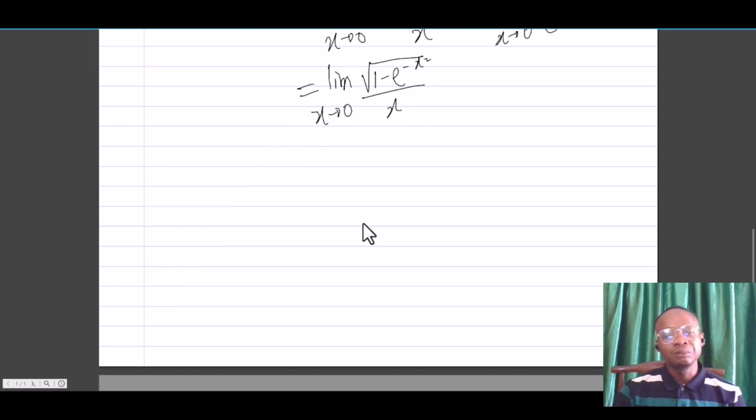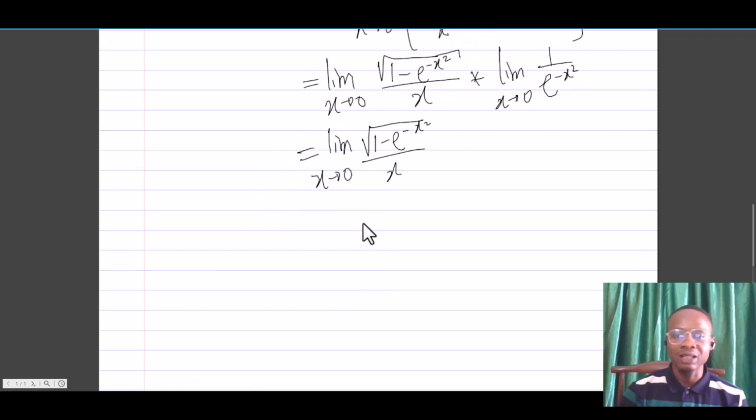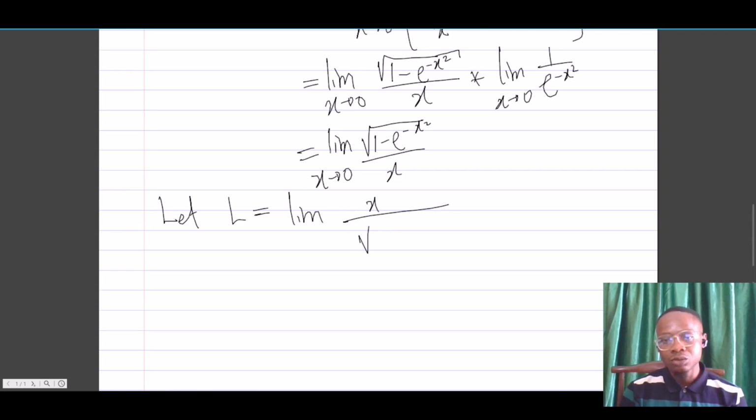So this is telling us that we can say let L be equal to the limit of x over root of 1 minus e to the power minus x squared as x approaches 0.